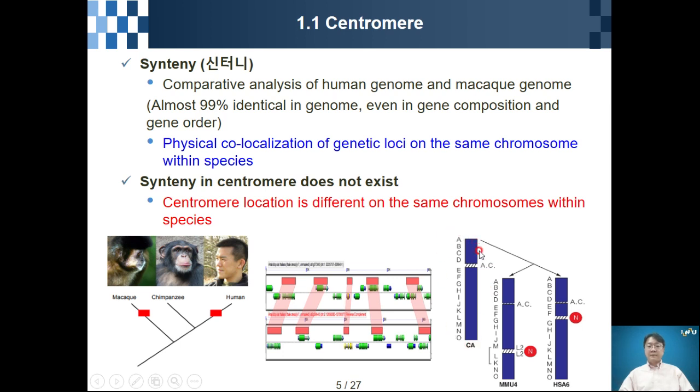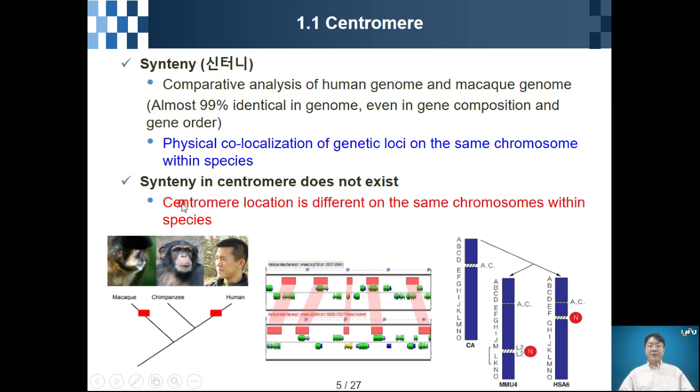How about macaque? This is macaque. The physical co-localization of genes, the gene order, is nearly similar to human, starting from A, B, C, D. But the centromere location is around here.